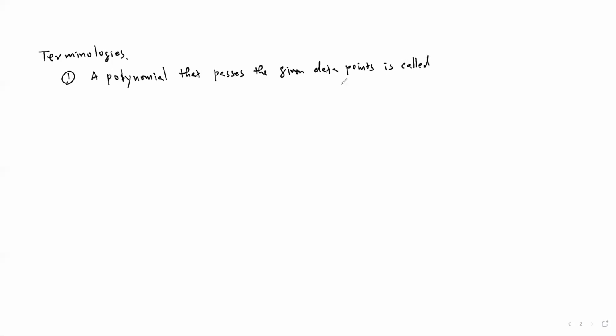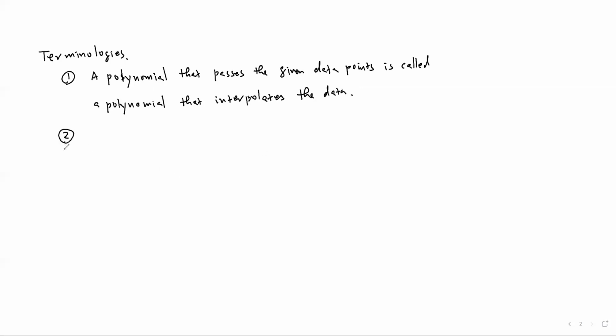Number 1, a polynomial that passes the given data points is called a polynomial that interpolates the data.